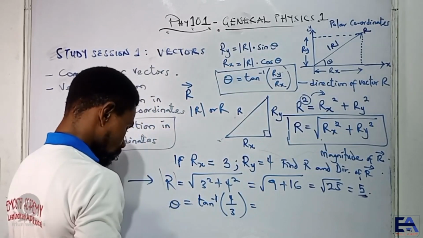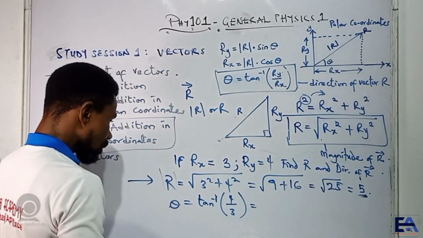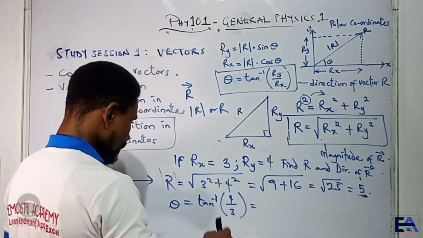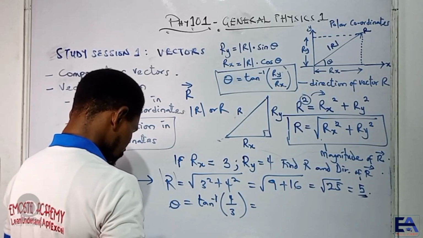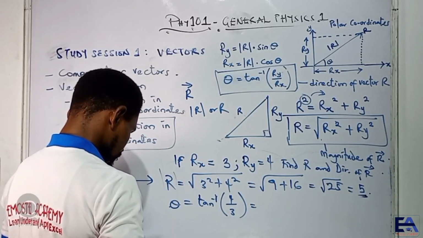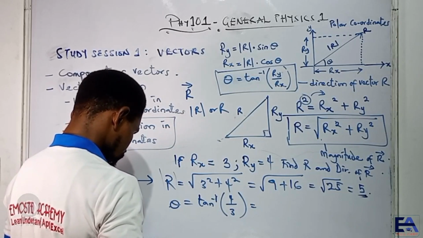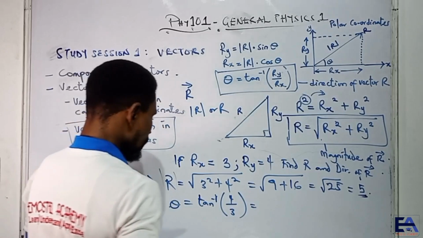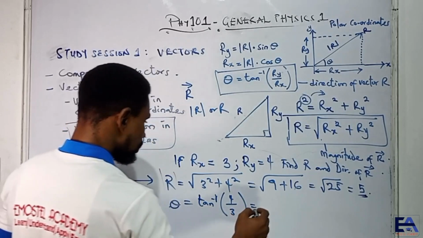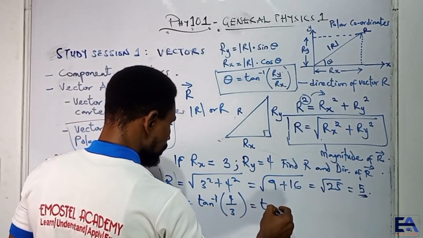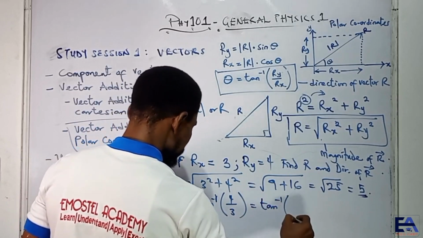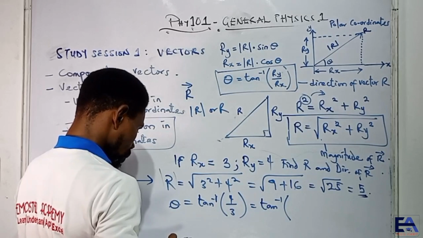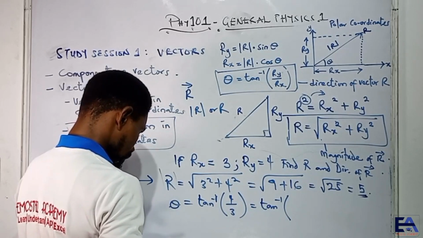To find the angle theta, first say 4 divided by 3, and we have arctan of 4 divided by 3.